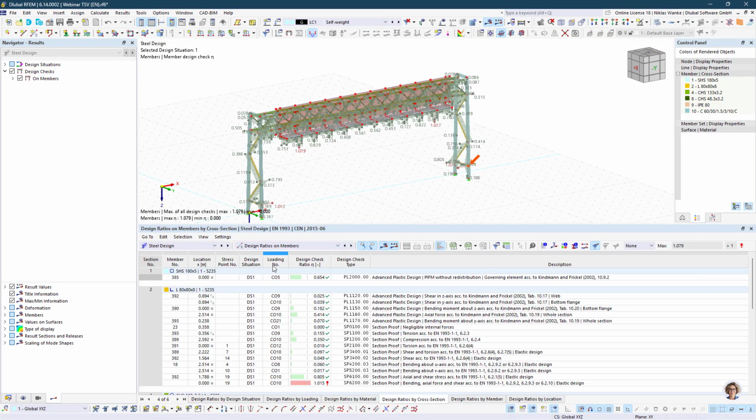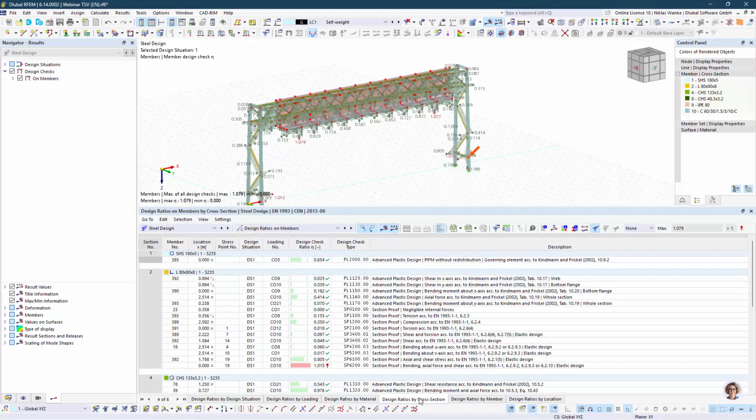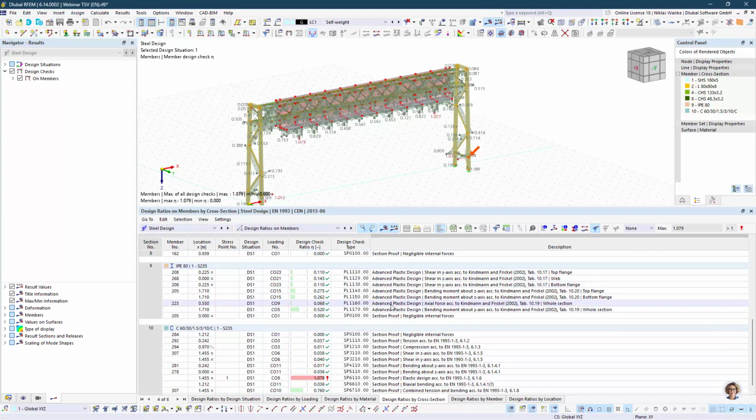And if we have a look again at our design ratios by cross-section, we can now see that for the square hollow sections, the PIFM has also been used, but in this case without redistribution, and for the other sections, everything stayed the same.